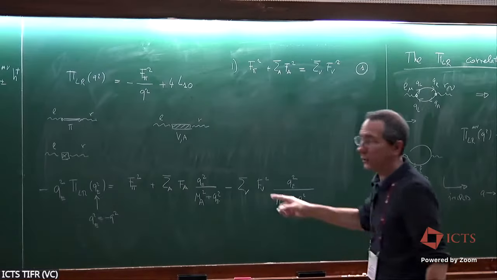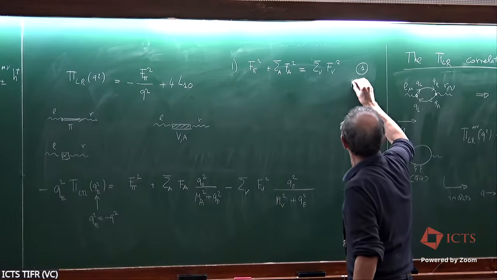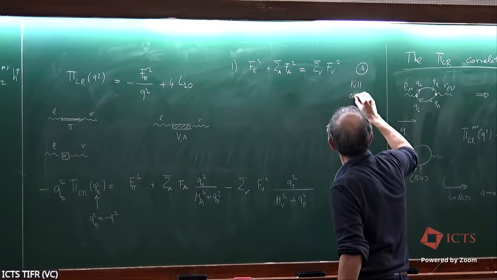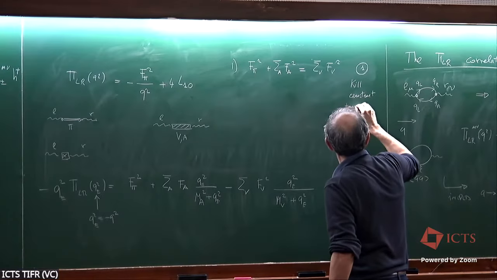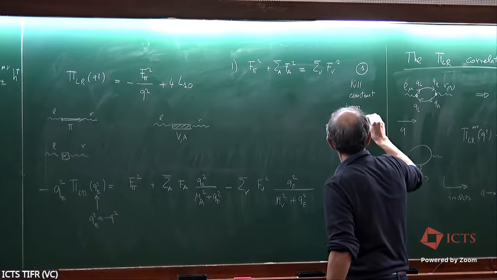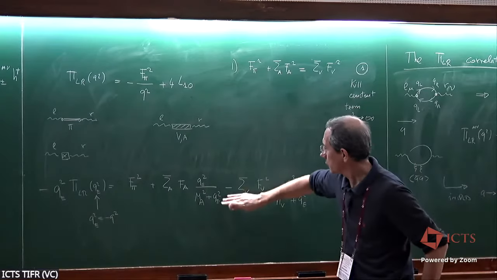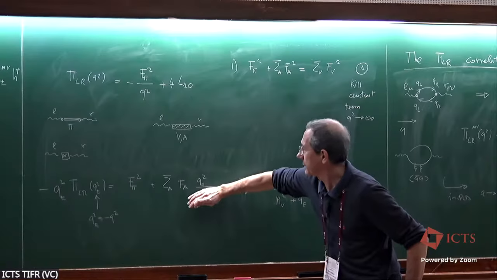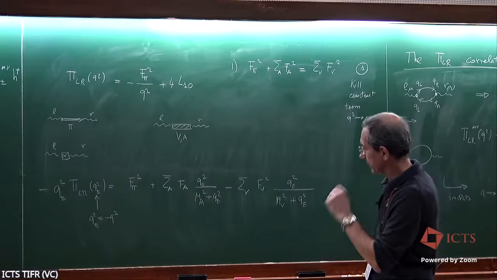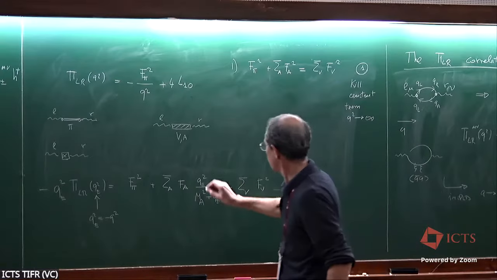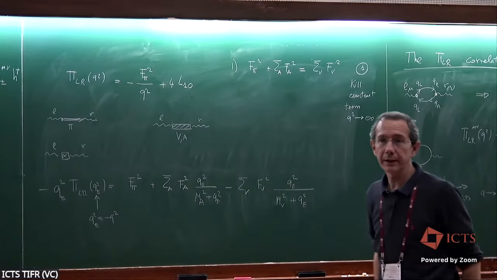This kills the constant term. You see, because when Q squared is large, I can neglect the mass, and I simply get a constant. These F V are defined like that.